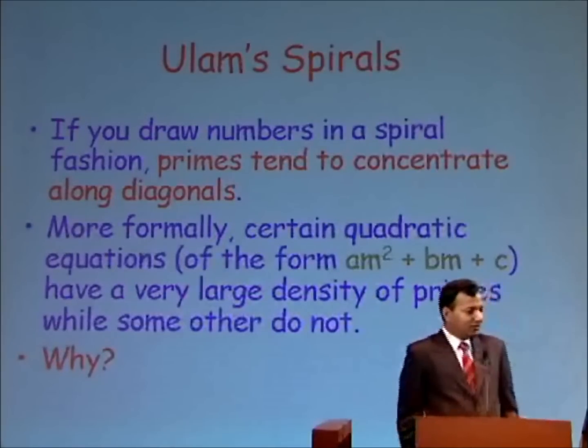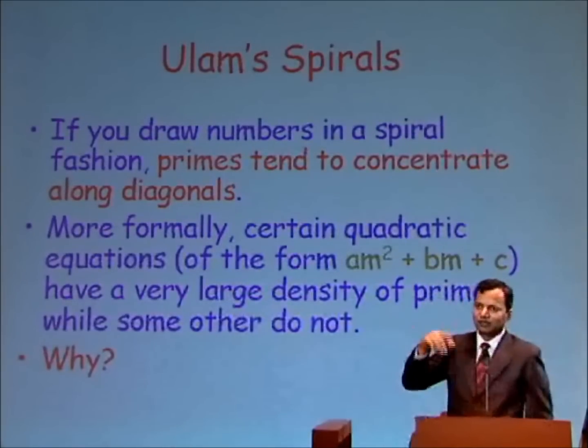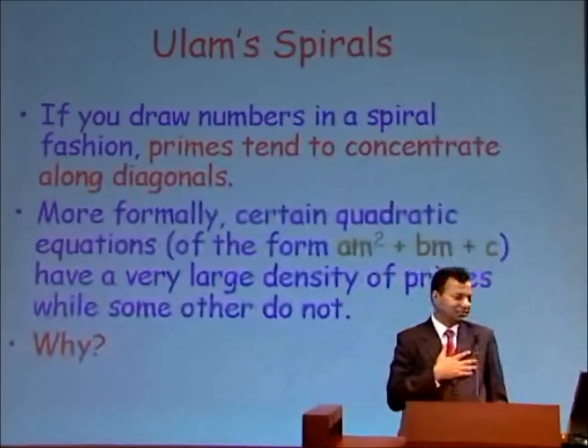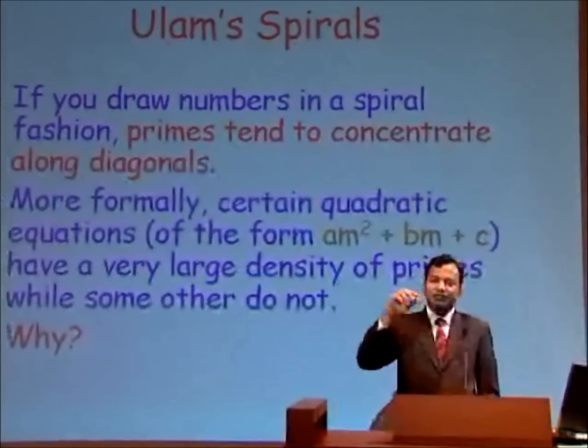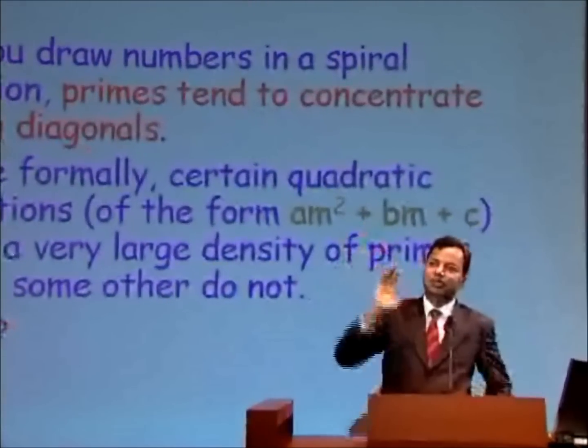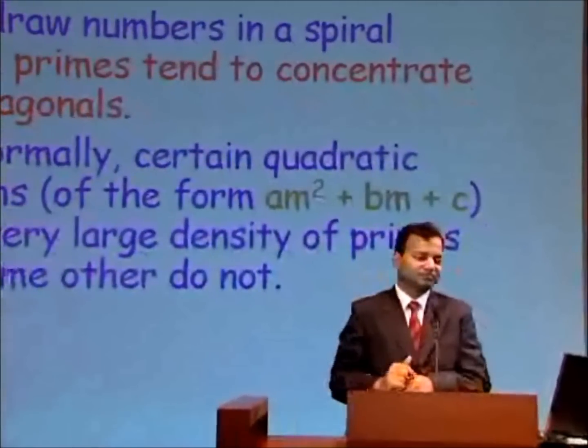Finally, there is this interesting notion of Ulam's spiral, which was noted around the 60s, that if you draw the numbers in a spiral fashion, then primes seem to be concentrated along the diagonals.